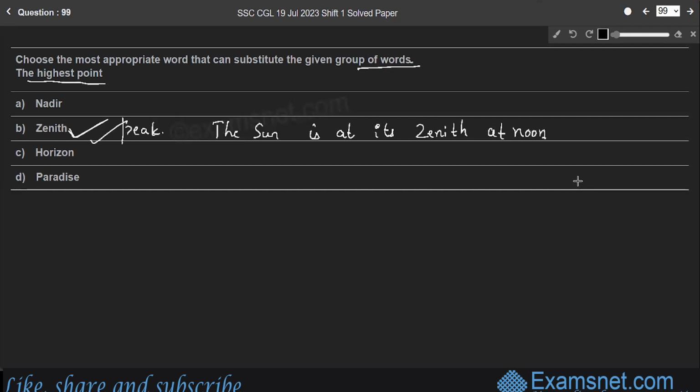Therefore, option B is the right answer, whereas the remaining options, nadir means the lowest situation, or lowest point, whereas horizon means the line at which Earth's surface and the sky appear to meet, right? Whereas paradise means an idyllic place or state. Therefore, option B is the right answer.